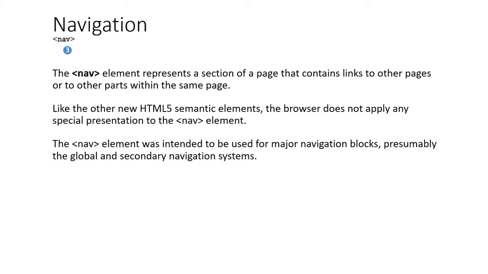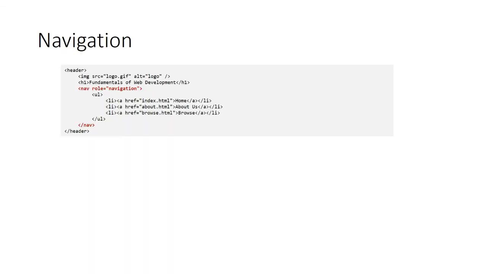Got it? So this is the nav element, and we can discuss how it is used as a block or globally in the next slides. Here in a very simple example, there is a header section with an image, then a heading.